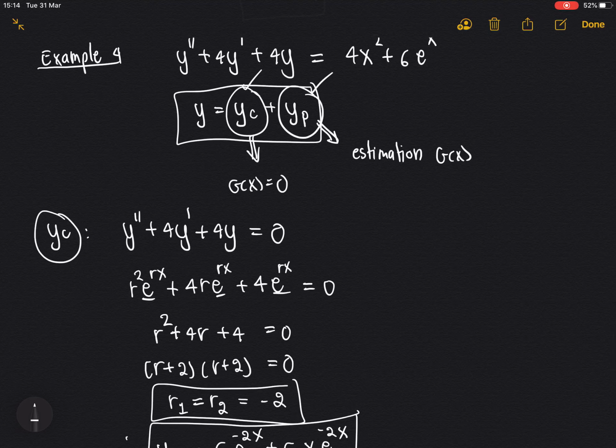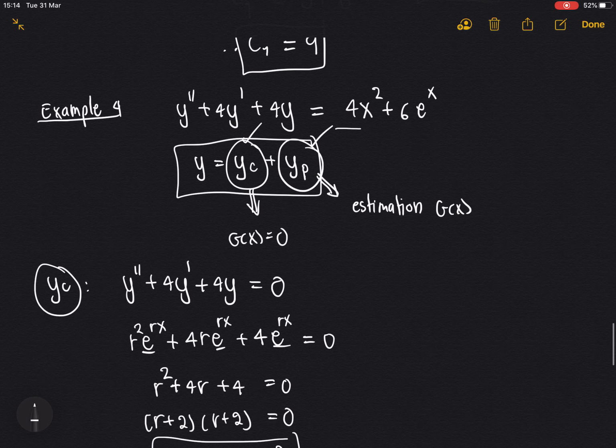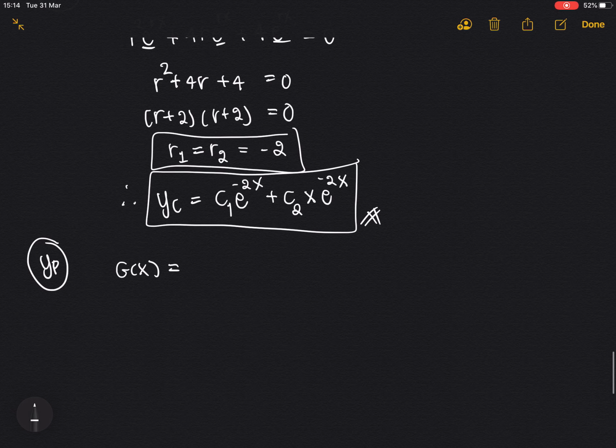And next we have to find the yp by using an estimation for your gx terms. So yp here can be estimated from the function of gx. The gx in this case is given as 4x squared plus 6 multiplied with the exponential of x. So we have both terms. We have the polynomials and also we have the exponential functions.